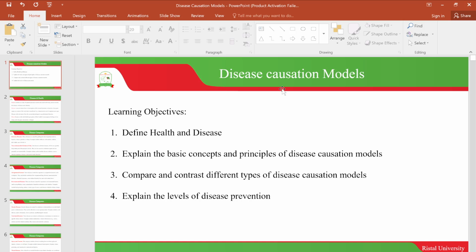However, in that presentation we highlighted the fact that when we talk about health-related events, we're talking about the things or matters that affect the health of the population.